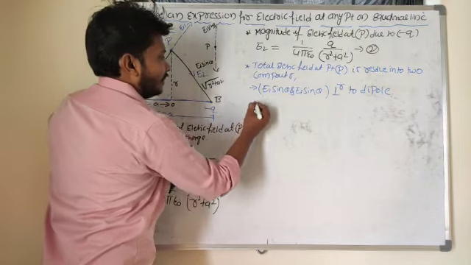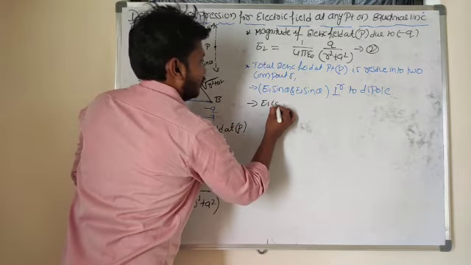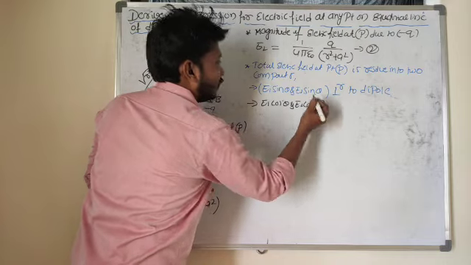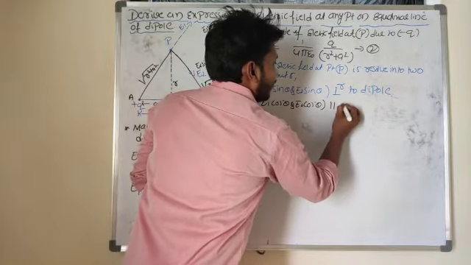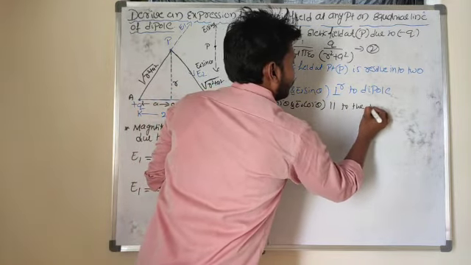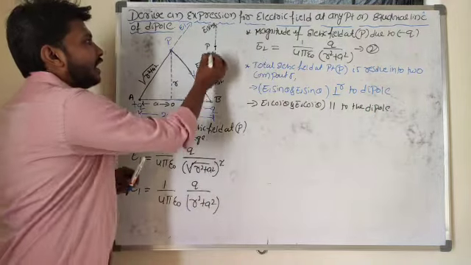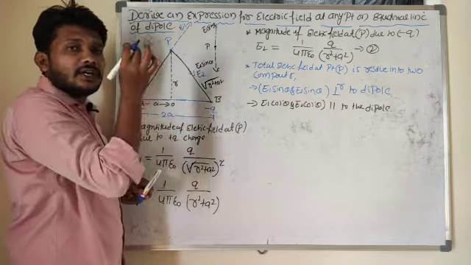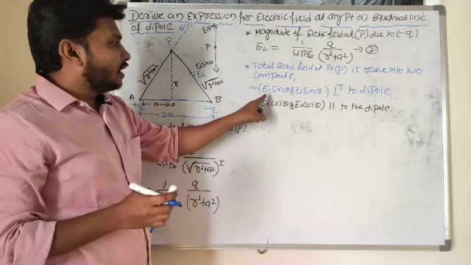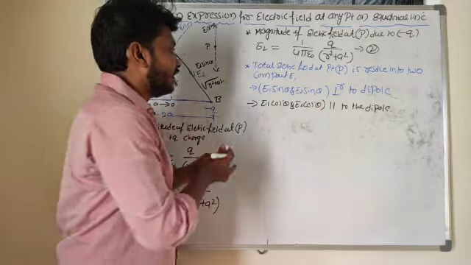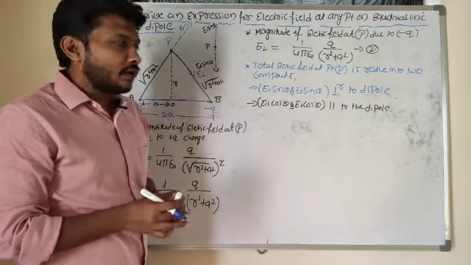Another one is E1 cos theta and E2 cos theta, which are parallel to the dipole. So one component is E1 sin theta and E2 sin theta, another component is E1 cos theta and E2 cos theta.